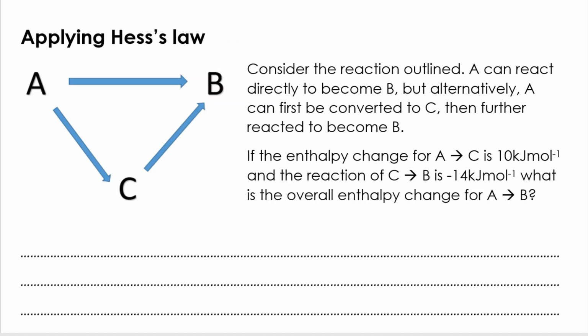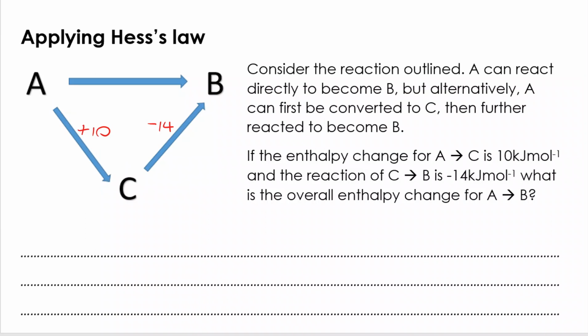So I wanted to take a look at what we have here. We've got A reacts to make B, but alternatively, we could convert A to C and then C to B. So if we take a look at that, we can see there are 2 different routes. And what I'm going to do is start to build those 2 routes in. We've been given information about the value of A to C and C to B, so let's put those on.